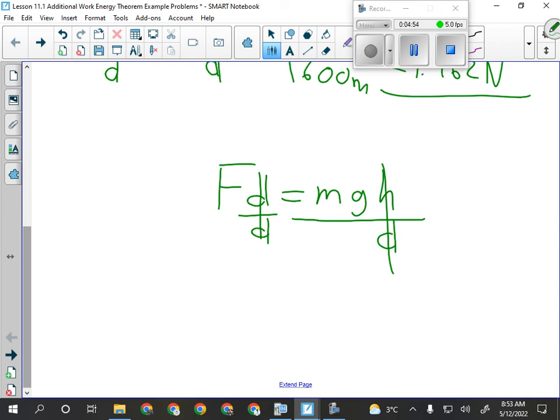Because whenever we're changing the potential energy of something, we only have to exert enough force to overcome the force of gravity. And on your formula sheet, I believe, you will see this formula, that the force of gravity is mass times gravity.